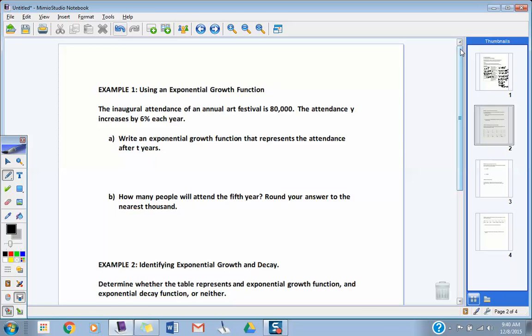How about a volunteer to read example 1, using exponential growth functions? You want to read number 1 for me?